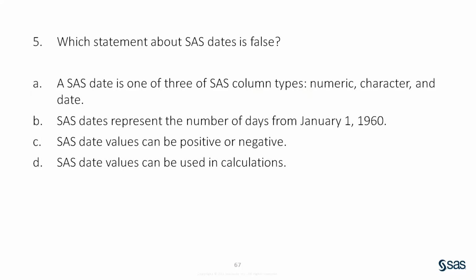SAS date values can be used in calculations. That's right. So which one is false? A, absolutely correct. SAS date is not one of three types. There are never three types of date values in SAS, because it's always only one type, which is numeric. Absolutely correct.